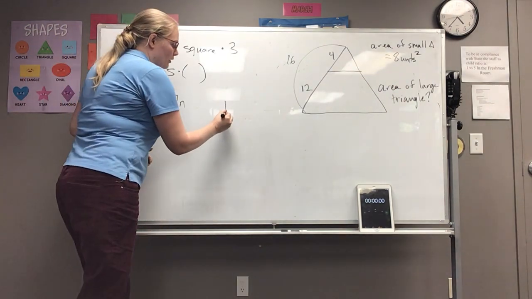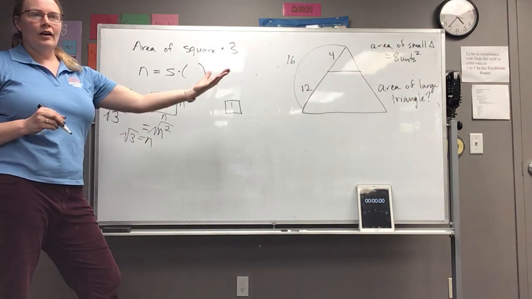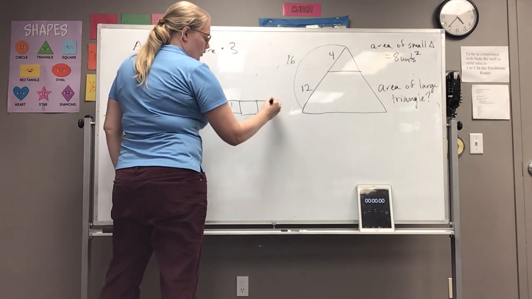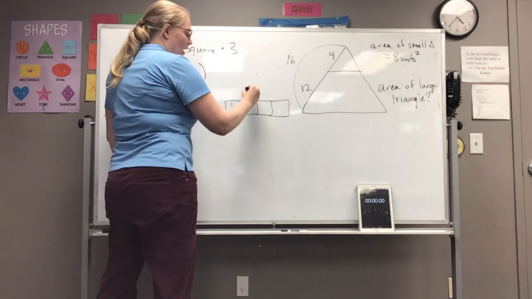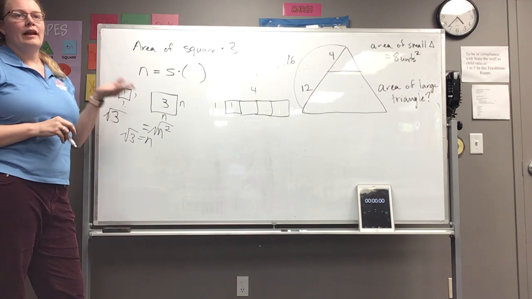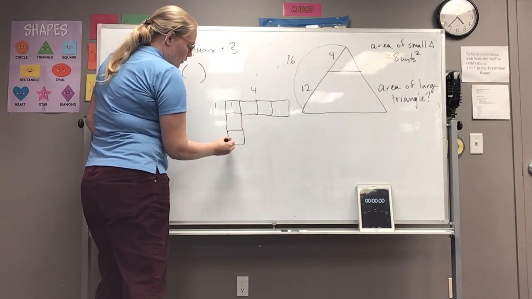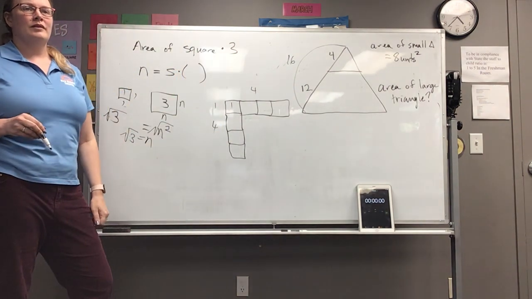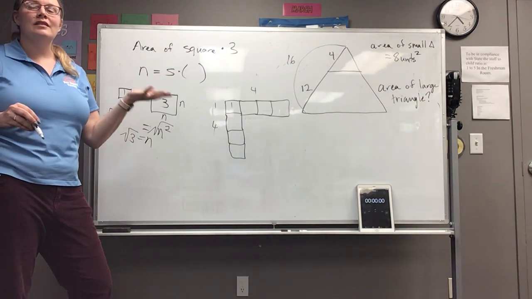Because if we think about it, if we have a block of size 1, and the length quadruples in both directions, so we have 4 in this direction and 4 in the other. What's 4 times 4? 16. And so the area is going to be 16 times as big.